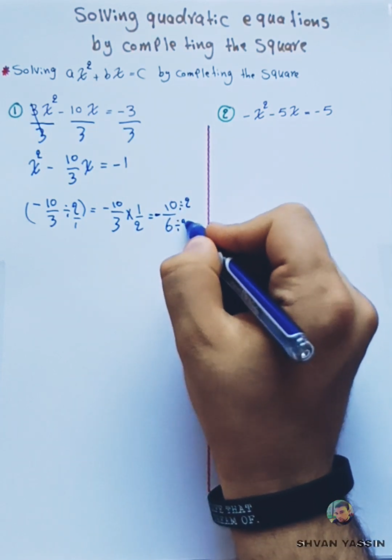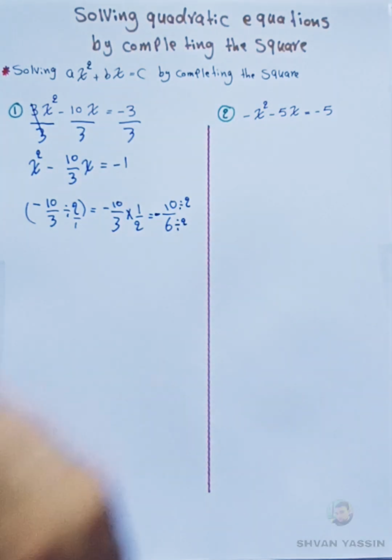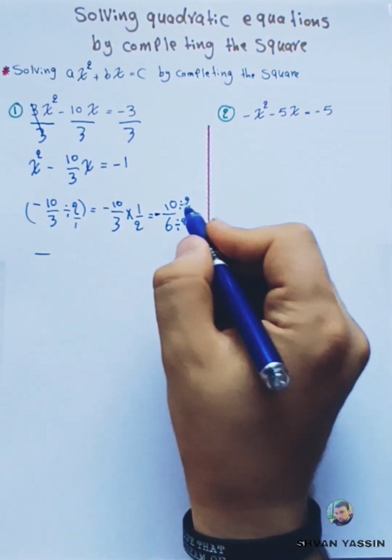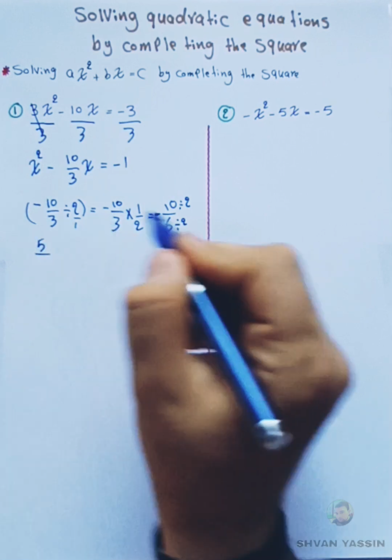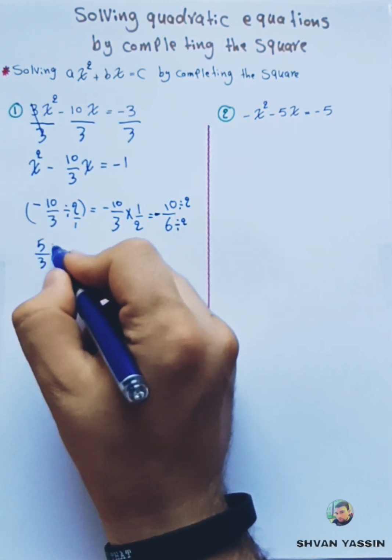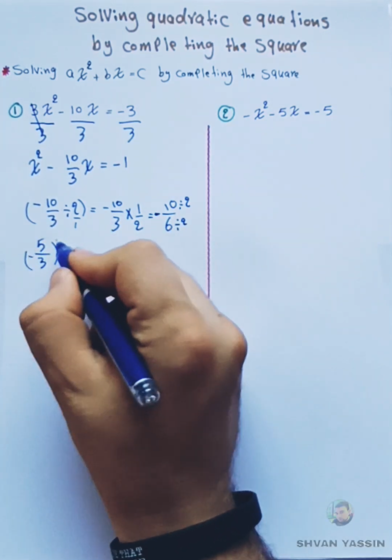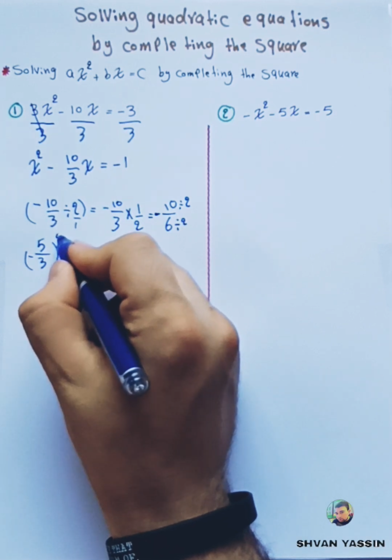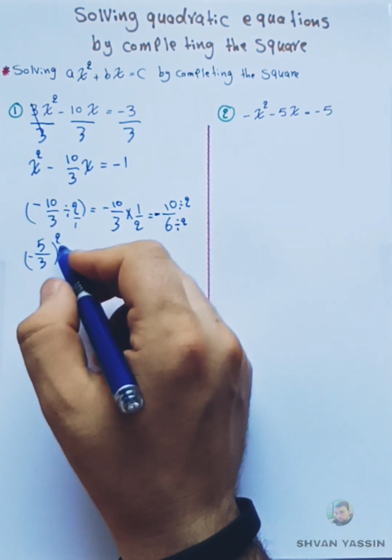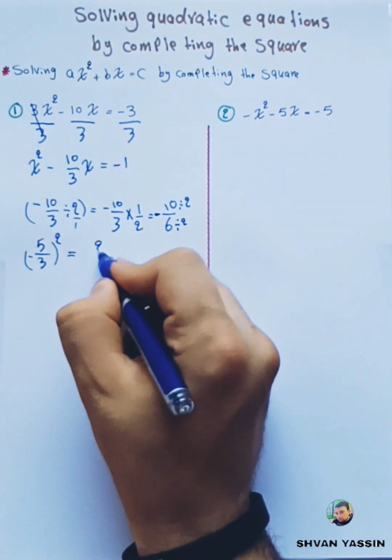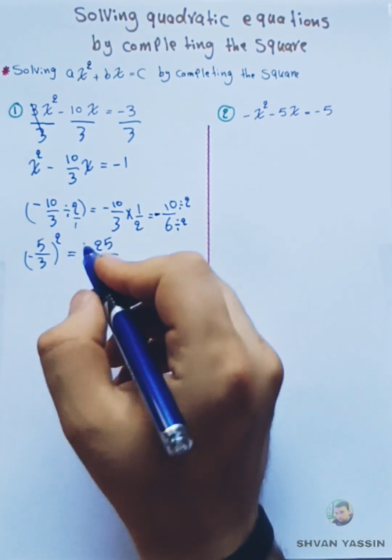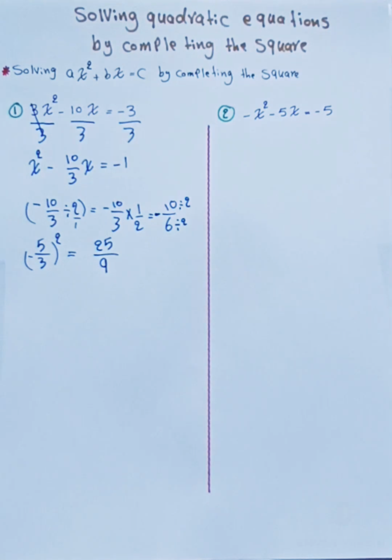You have to divide both numbers by 2. So 10 divided by 2 is 5. 6 divided by 2 is 3. And then you have to square it. 5 times 5 is 25. 3 times 3 is 9. So the value for the third term is 25 out of 9.